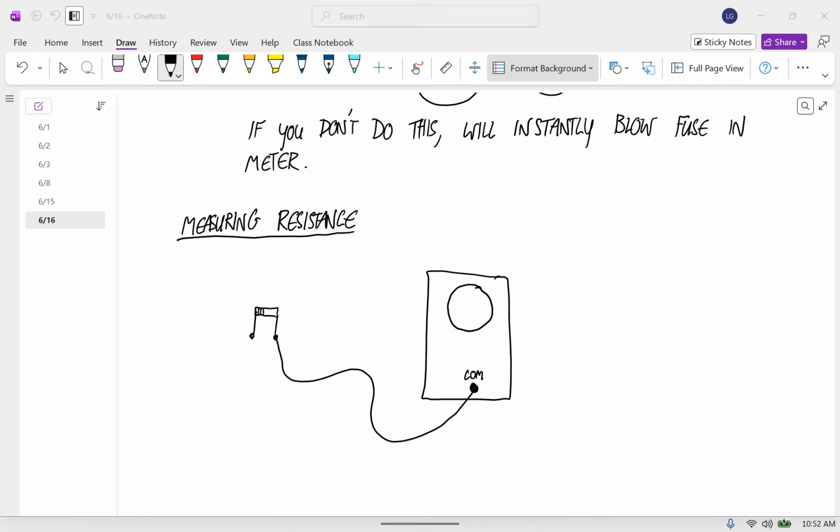So if you're measuring voltage or resistance, you want to put the positive over here. It says volts and ohms. We're going to take the positive one and put it over here. And you can just hold it to the resistor with your fingers. We're doing things with such a small amount of electricity, you won't feel anything.